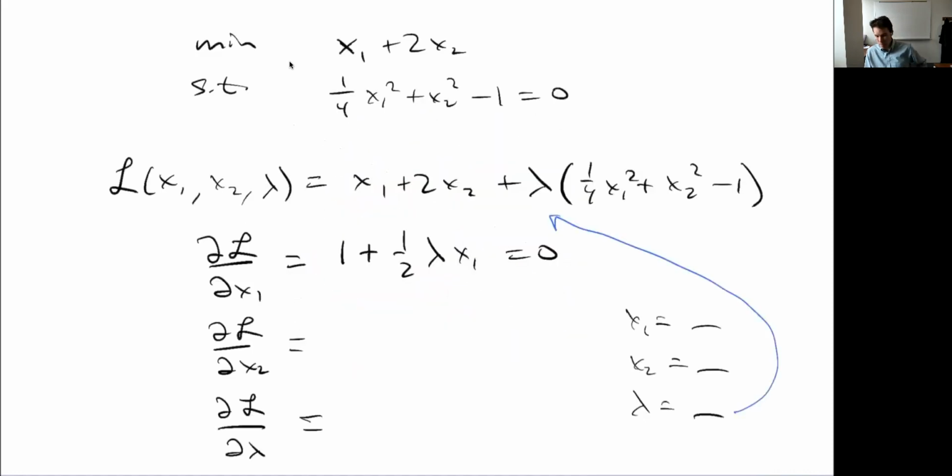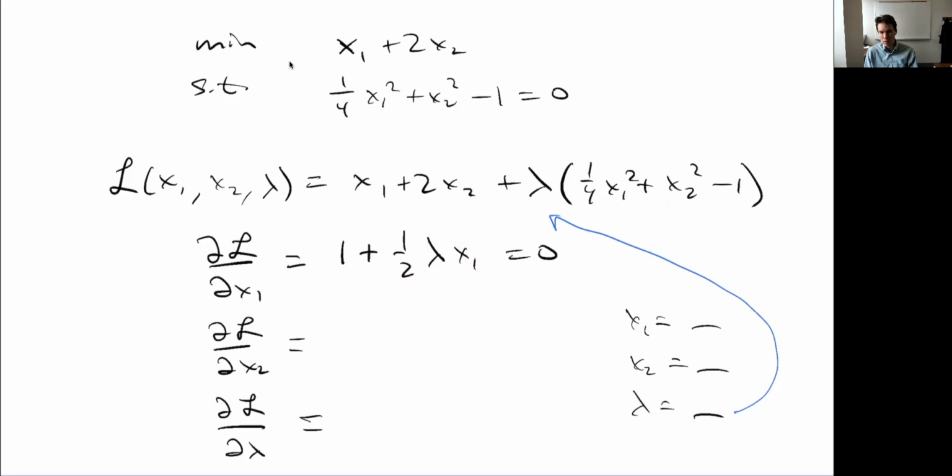Okay, so what we're going to do next time is deal with inequality constraints and see how that changes things. And eventually we're going to figure out how we actually solve this in an algorithmic procedure where we're going to do descents. Because as we saw here, this type of procedure potentially is going to lead to a big system of equations that may be hard to solve.